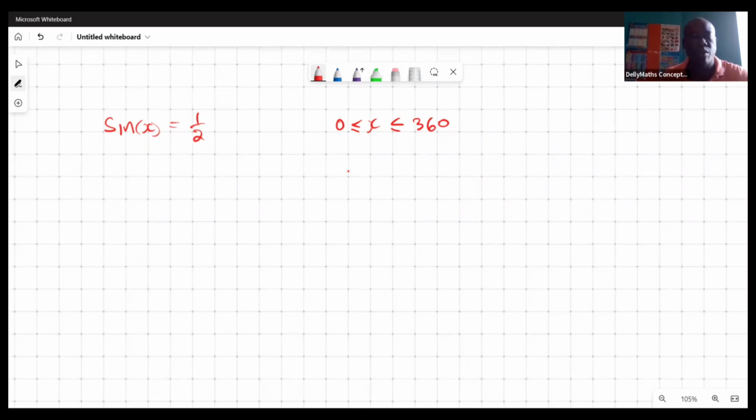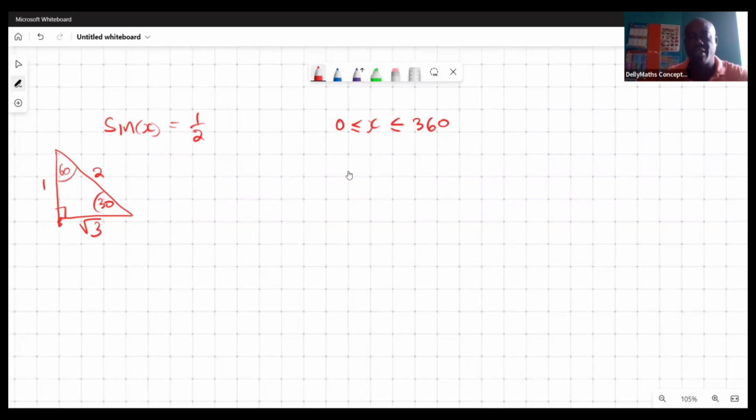What we want to do is jump to our special triangle very quickly here. Looking at our special triangle, this is 60, 30, with sides 1, 2, and the root of 3. So how does this relate to sine?